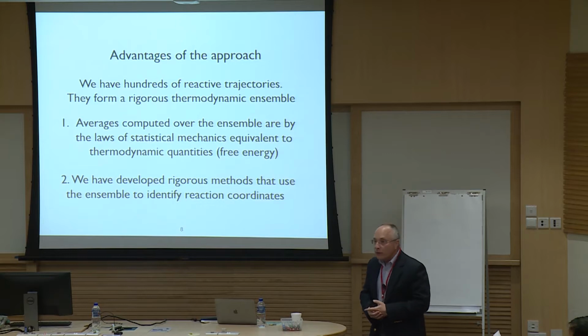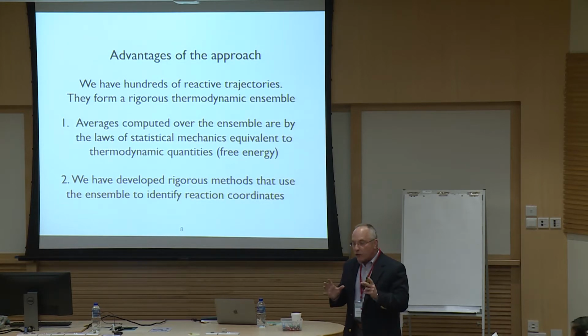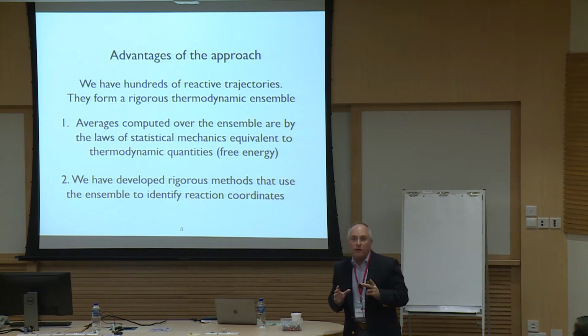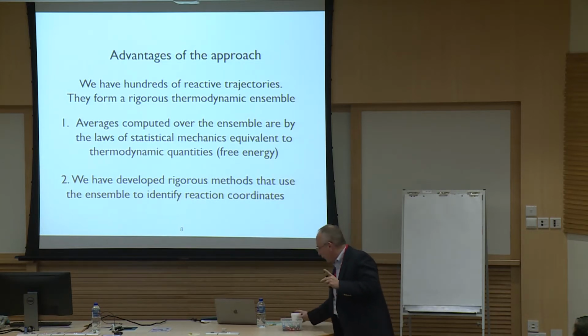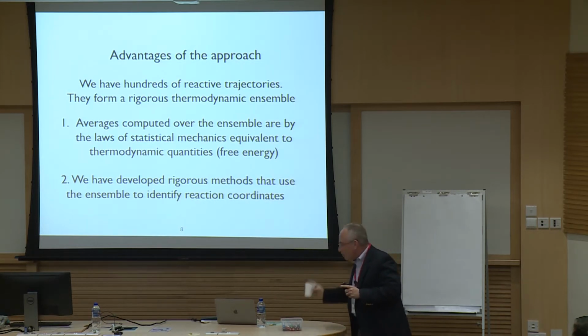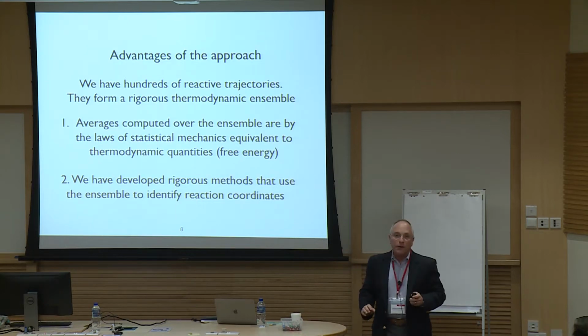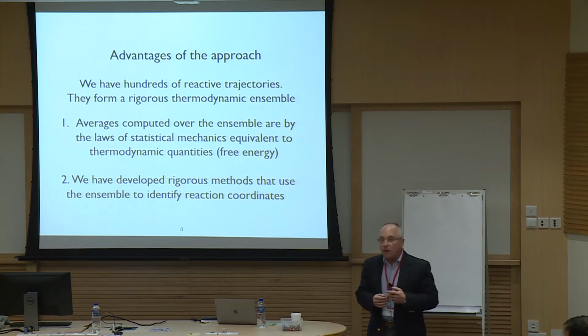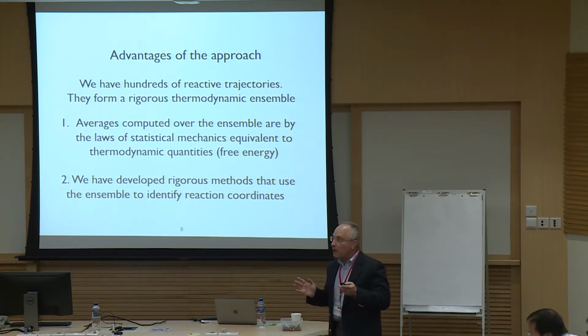So there are a number of big advantages to this method. The first is that the actual ensemble of paths that you create, like any Monte Carlo method, is determined by the acceptance criterion that you use. So as long as you use a correct acceptance criterion, you'll generate a rigorous statistical mechanical ensemble.